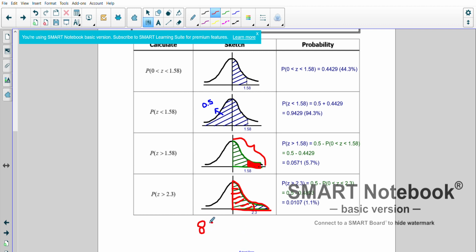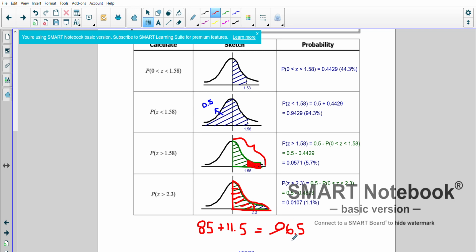What this is telling me is that 2.3 standard deviations away from this, well, 2.3 times 5 is about 11.5, so 2 standard deviations away from this, there's about a 1% chance that I would shoot higher than this.